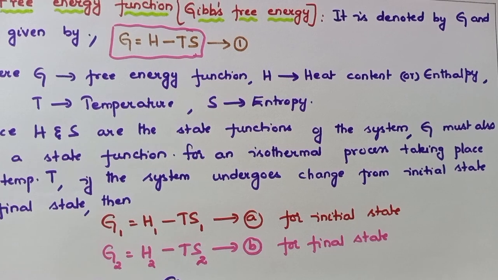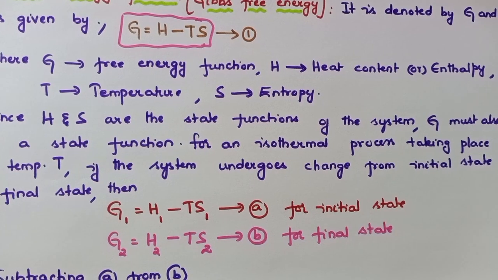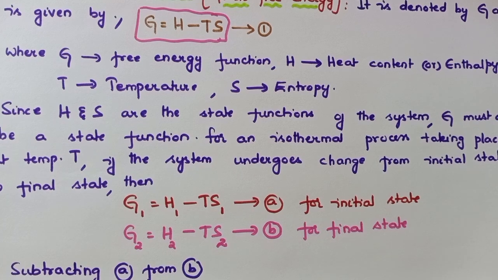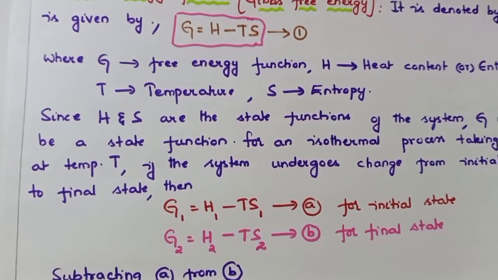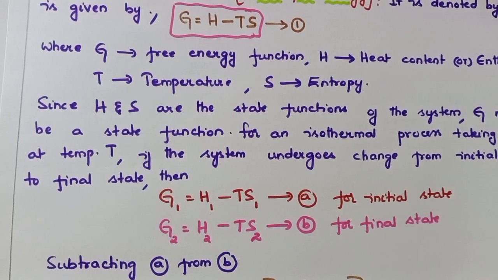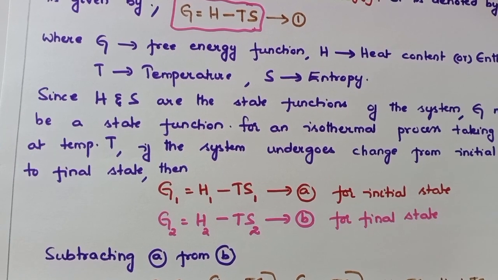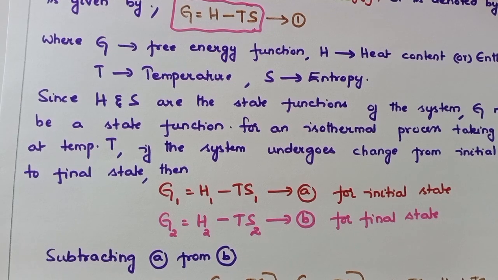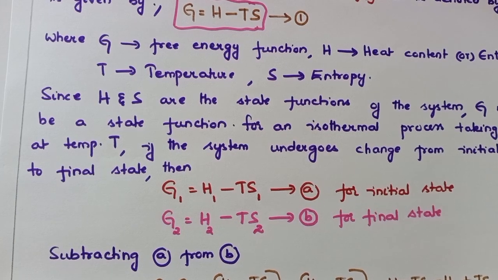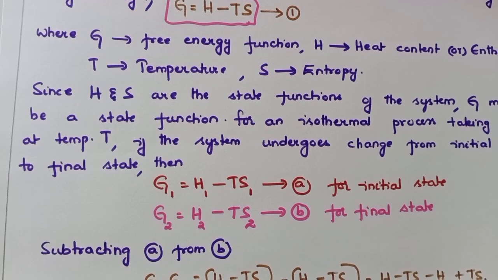For an isothermal process taking place at temperature T, if the system changes from initial state to final state, how does equation 1 change for the initial state and the final state?